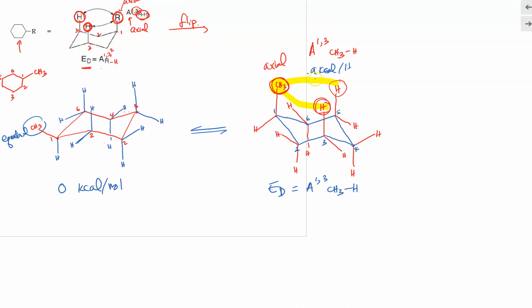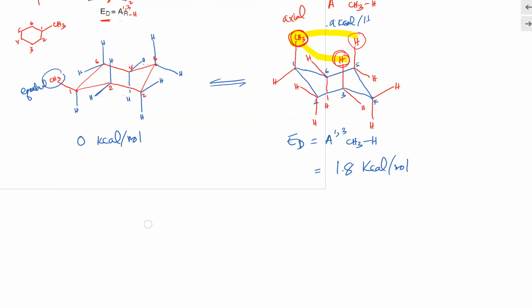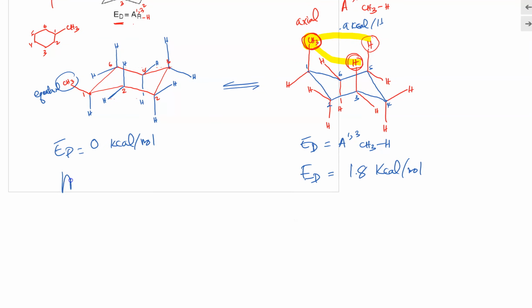And in this case, this has 2 of them. So therefore, this value then equals 1.8 kcal per mole. So in comparing the destabilizing energy between these two conformations, one is 0 and the other one is 1.8 kcal per mole. So this one will then be more stable.